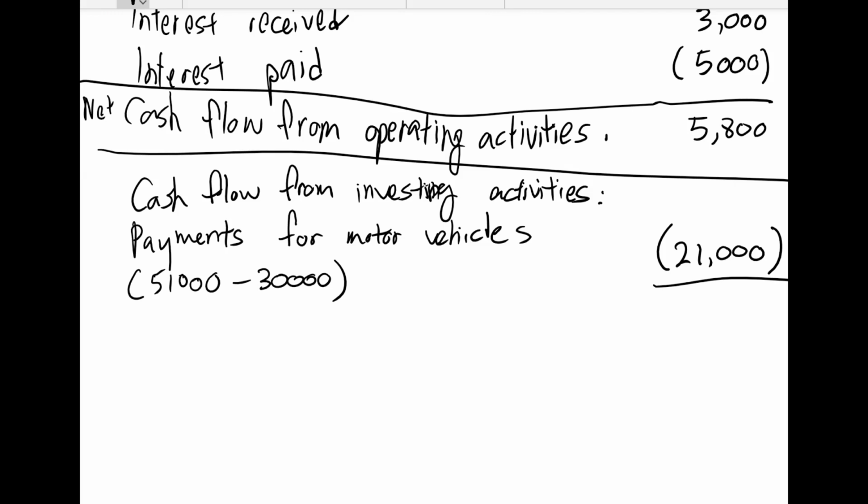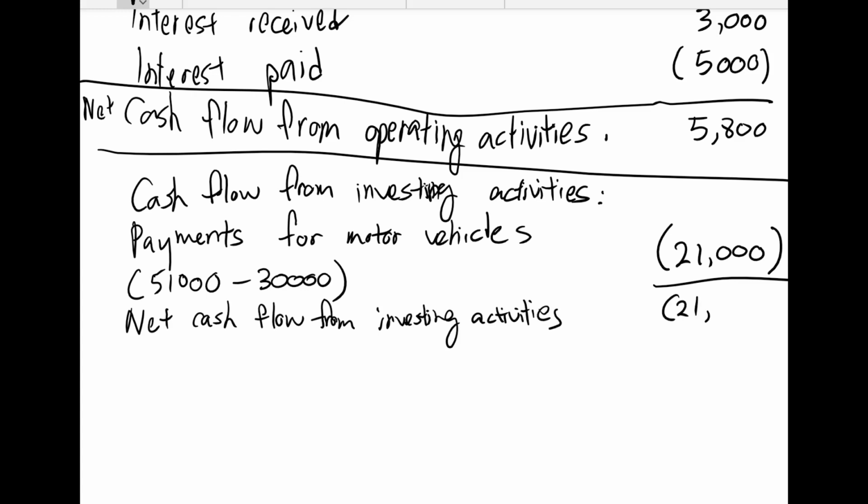So under investing activities, you have net cash flow from investing activities worth 21,000, negative.